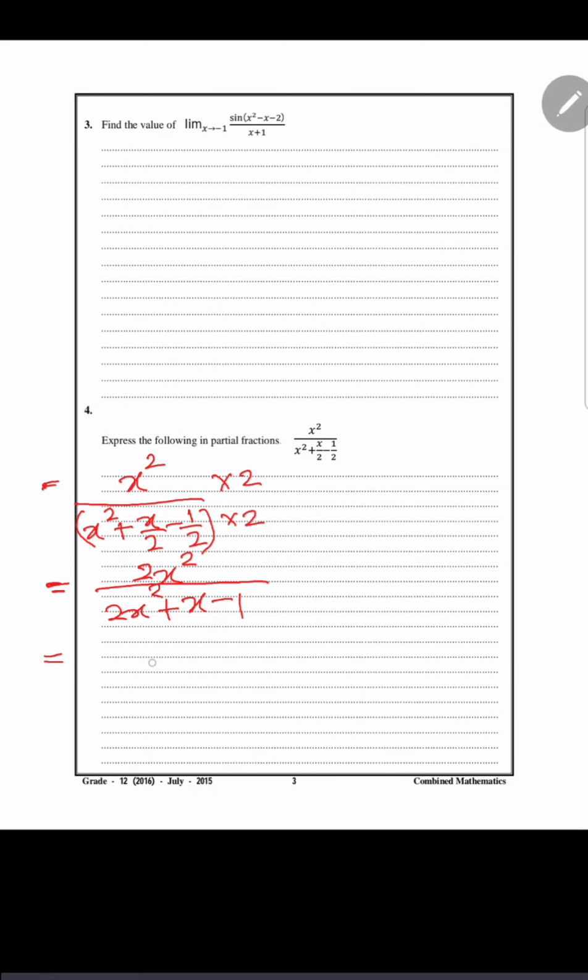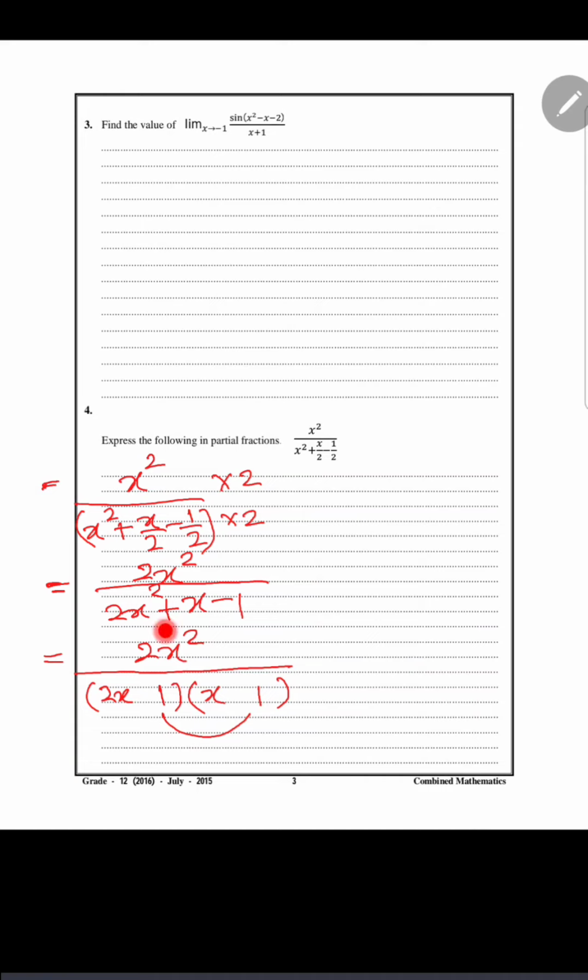Can we factorize the denominator further? To have 2x square, one factor should be 2x, the other is x. To have 1, both must be 1. Then we must have minus 1 when we multiply these two. So if the multiplication is minus, one term should be minus, the other should be plus.